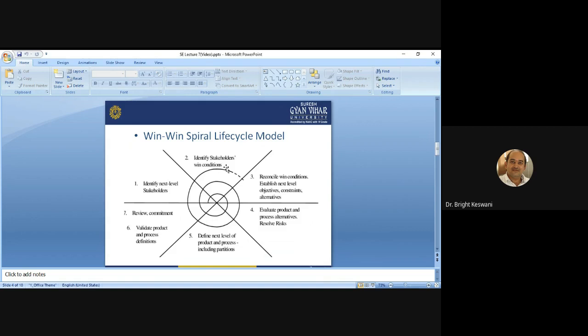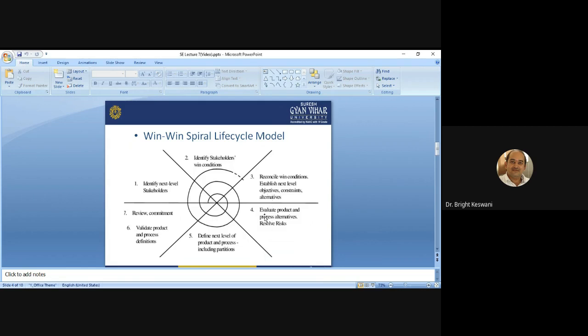The third step is to reconcile win conditions and establish next level objectives, constraints and alternatives. In this step it is made sure that the win conditions are consistent, and you can begin planning for the next level.